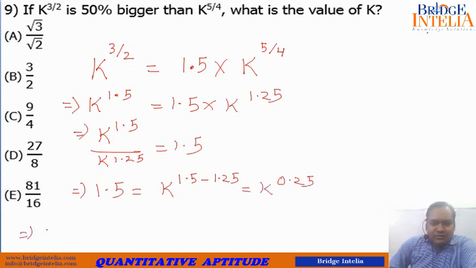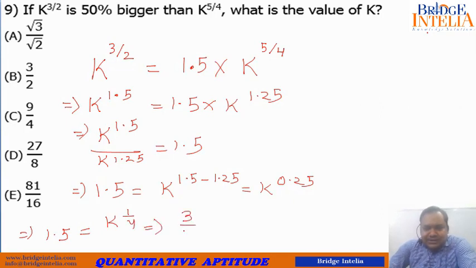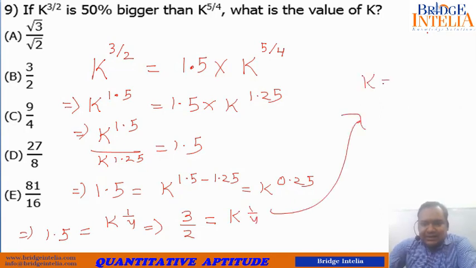So 1.5 is equal to k to the power 1 by 4, or you can say that 3 by 2 is equal to k to the power 1 by 4. So from here you can see that k is equal to 3 by 2 whole to the power 4, which is 81 upon 16.